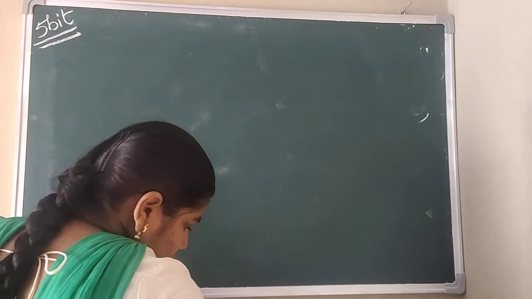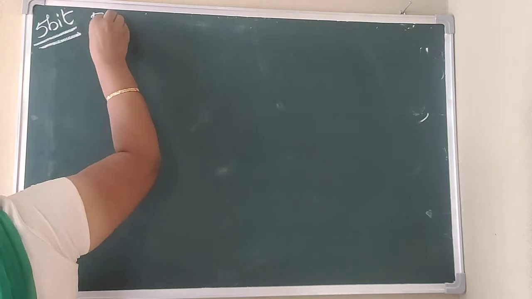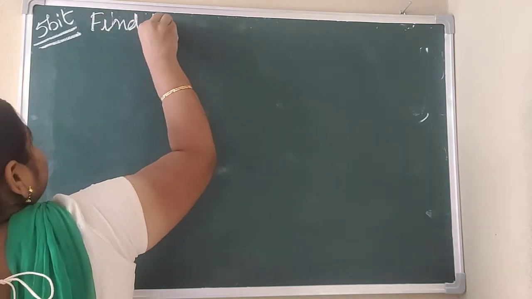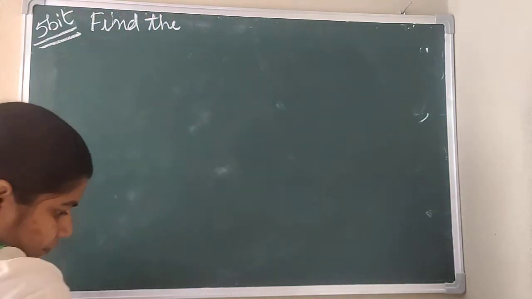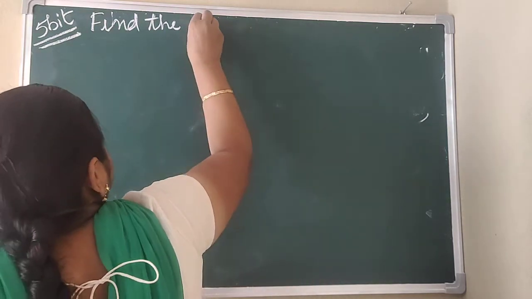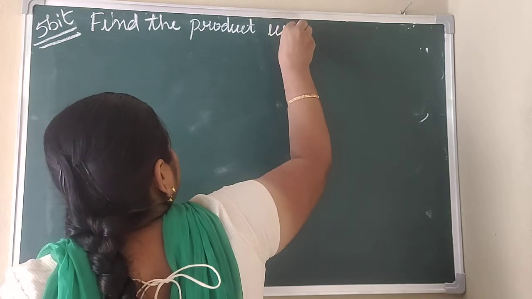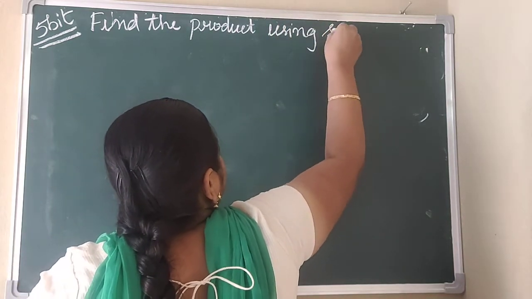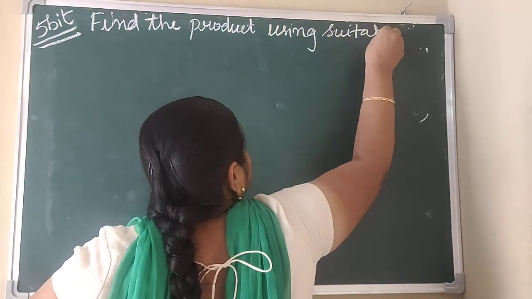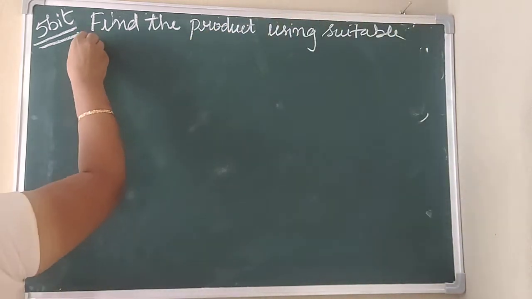So by using the suitable property, we have to find the product here.